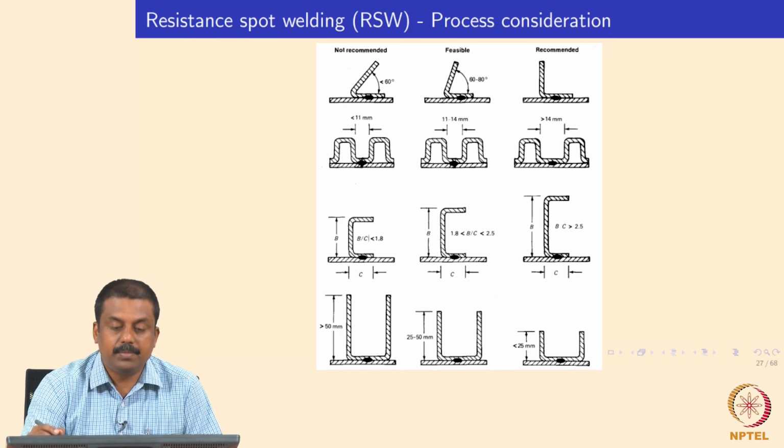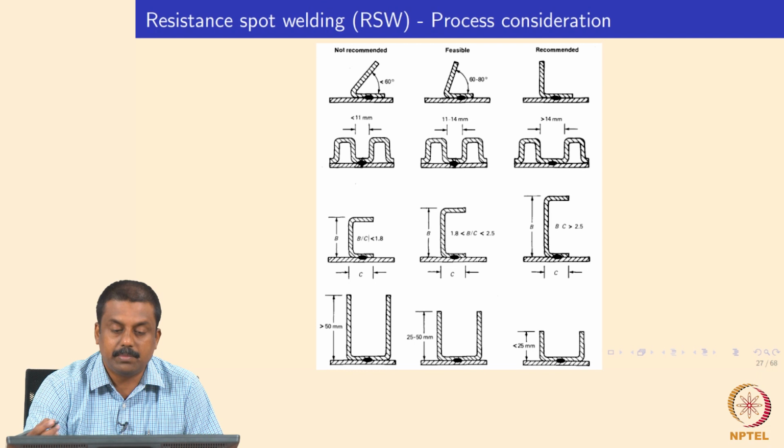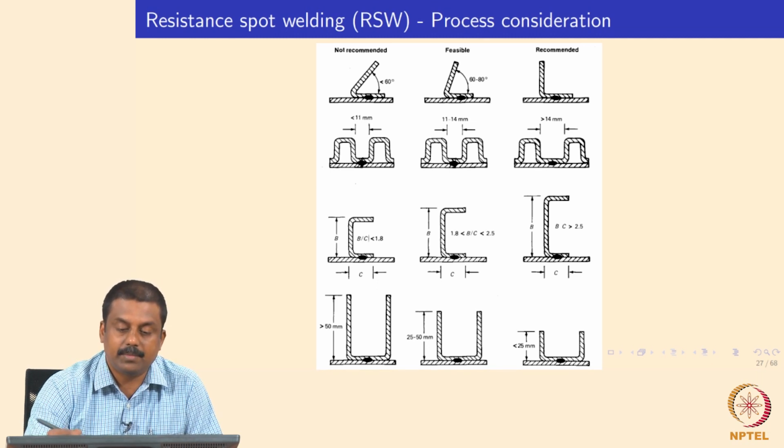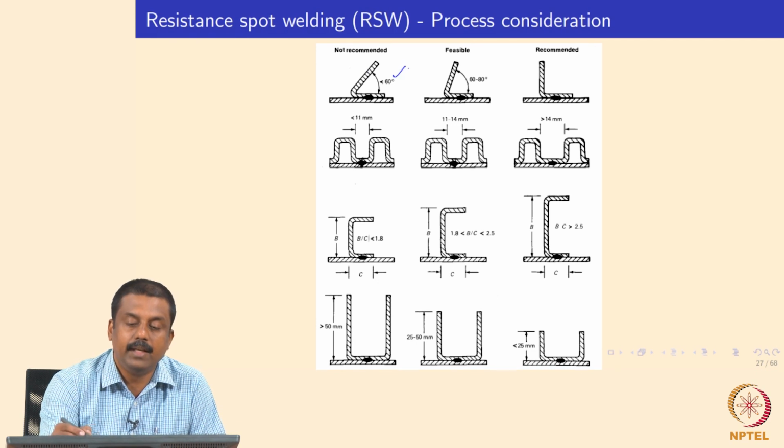Some of the design considerations, how you have to place the spot welds with various designs, you can look at in a handbook. One of these design specifications I got from an ASM handbook. For example, what is not recommended: if the angle is 60 degrees, it is not recommended.